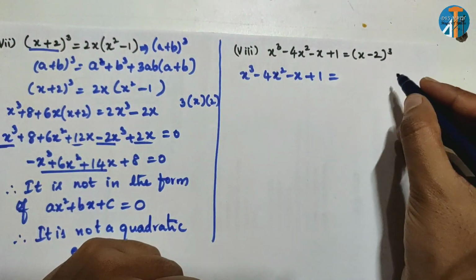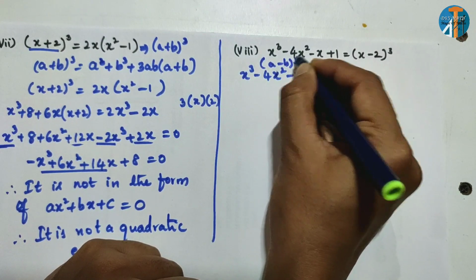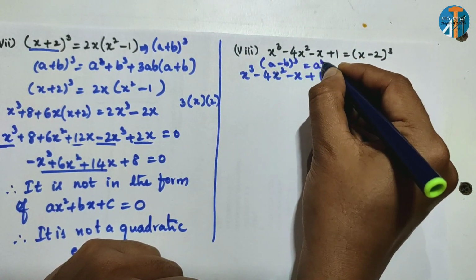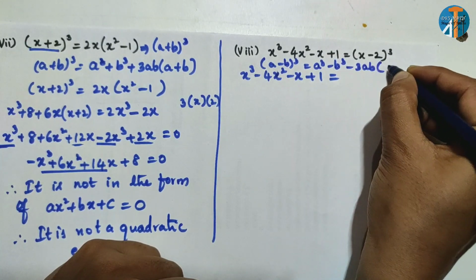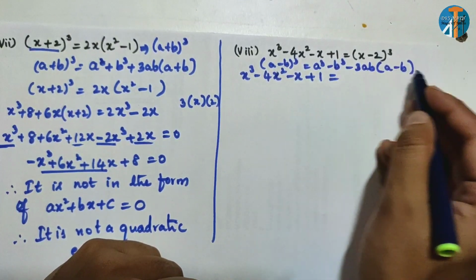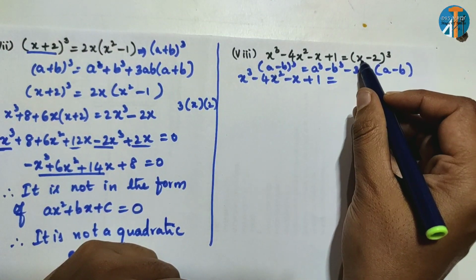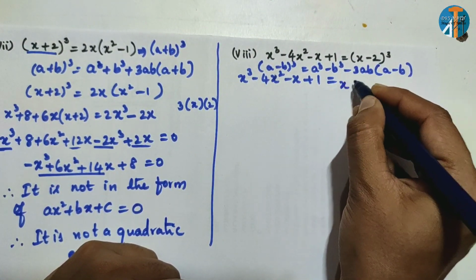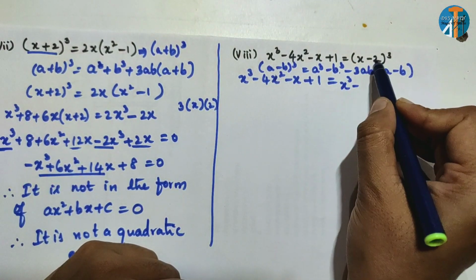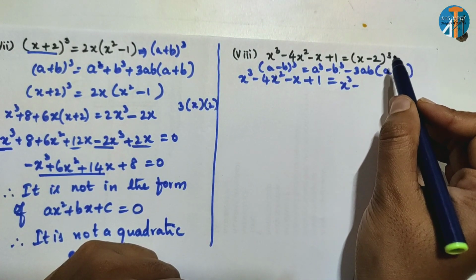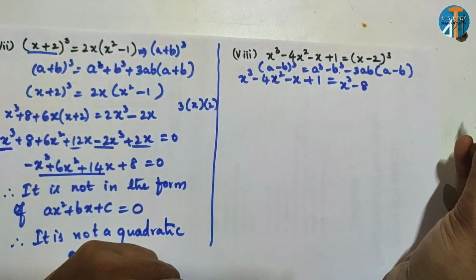Let's compare the same thing. If I write a minus b whole cube, it is a cube minus b cube minus 3ab into a minus b. Look here, everything is minus, there everything is plus, that's all. Now if we apply this, a cube is x cube, minus will be as it is, b cube means 2 cube. 2 cube means 2 2s are 4, 4 2s are 8.